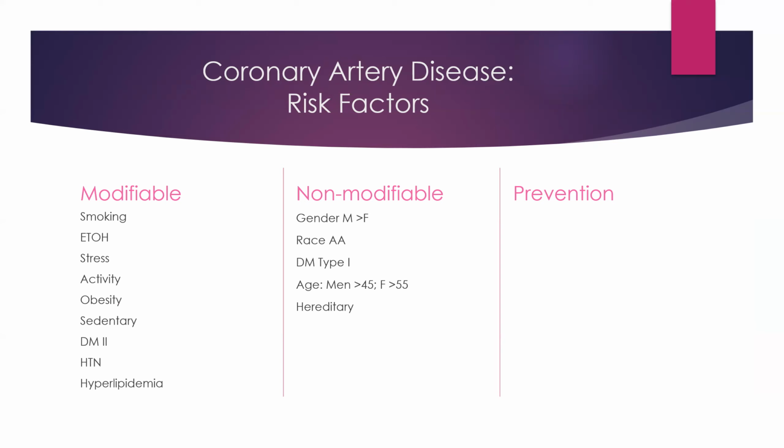Any dietary interventions you can add into your education: low saturated fats, high soluble fiber, decreased red meats. So our total cholesterol, as we know, should be less than 200, with LDLs less than 100 and HDLs greater than 40 in males and greater than 50 in females. Think about your triglycerides too. They should be less than 150.